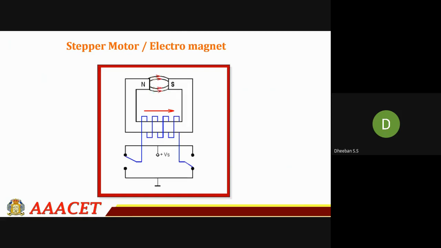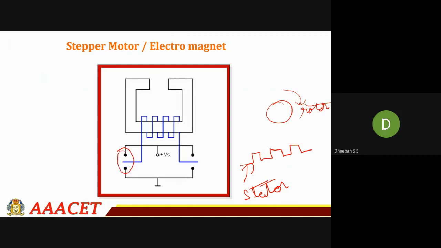So coming to the operation, this is how it works. As I said, you have to pulsate your stator. If you are pulsating your stator, you will get the rotation of your rotor. In order to pulsate your stator, you have to give the input pulse, which is given in this fashion.